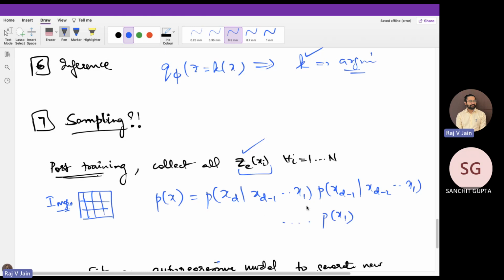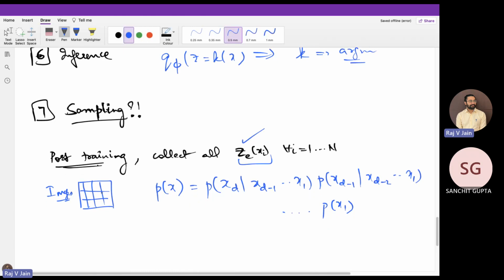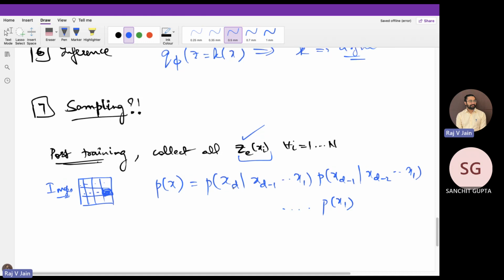Basically we are trying to predict the next dimension based on all the previous dimensions that I have seen. So all of these probabilities that you see here are themselves in some sort of a network, which takes, for example, all this input and predicts a value, and then the next one, and so on.